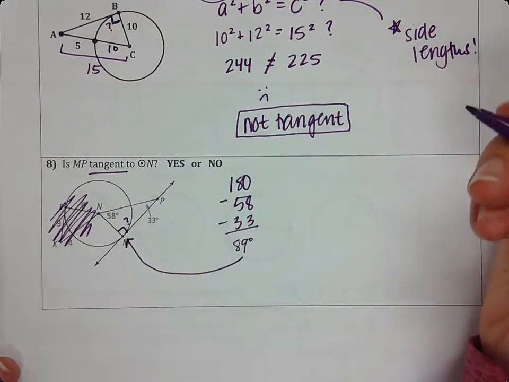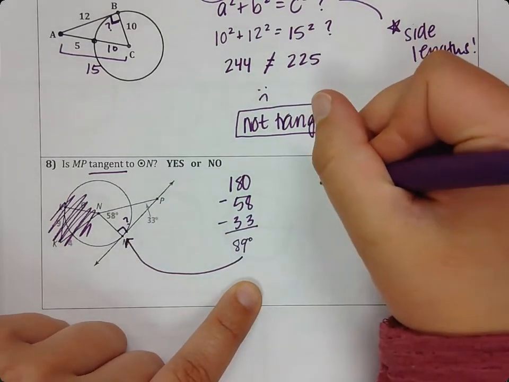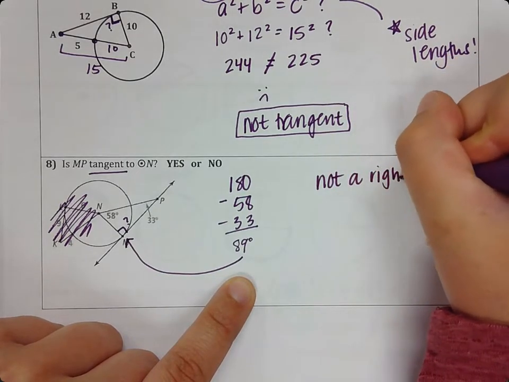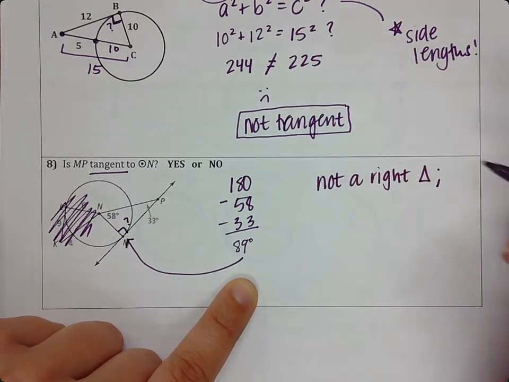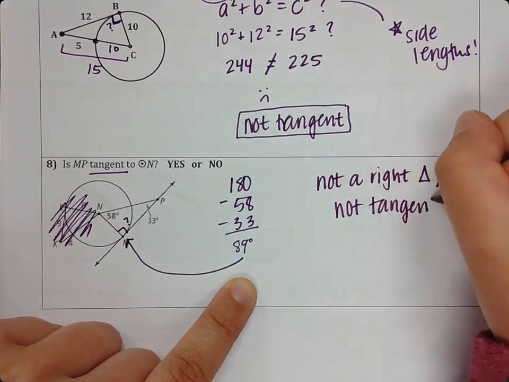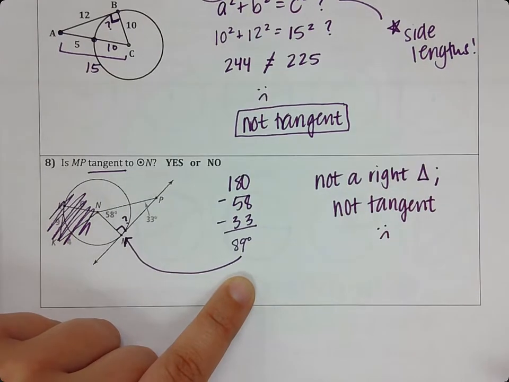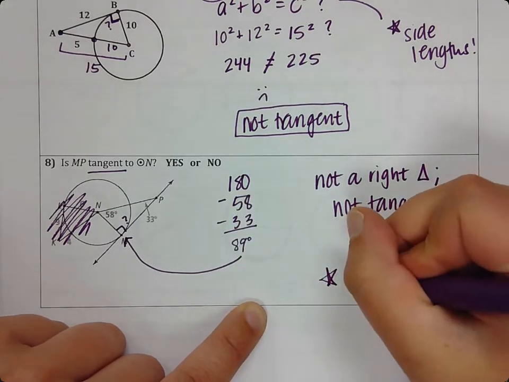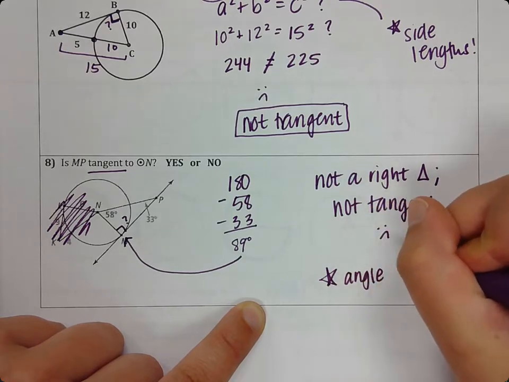So that angle is 89, which means it is not a right triangle. Therefore, it is not tangent. So this strategy using 180 is when we're given the angle measures.